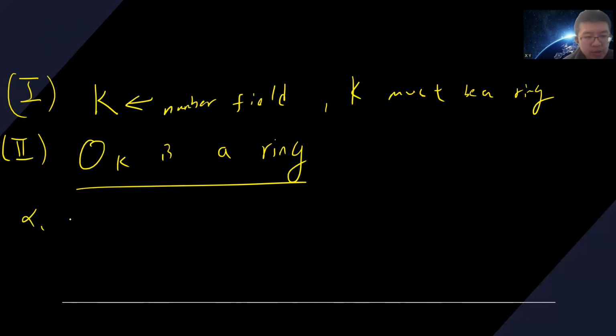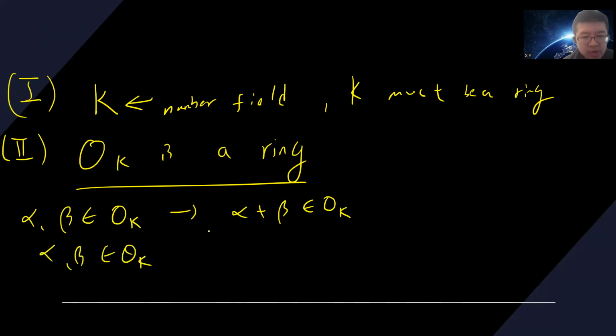This means that if you take two algebraic integers, the sum of them must be an algebraic integer. If you take two algebraic integers, then the multiplication must be an algebraic integer. This is a little bit tricky, maybe hard to prove, because if you find a monic polynomial for alpha and a monic polynomial for beta, it's not easy to find another monic polynomial such that alpha plus beta is a root of it.